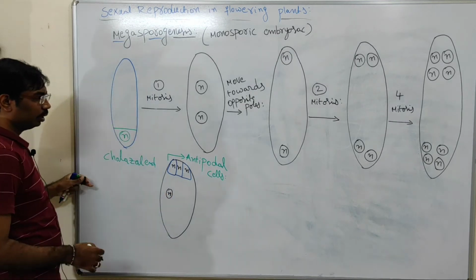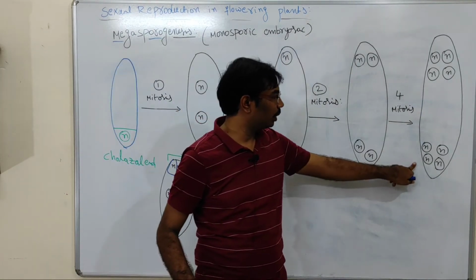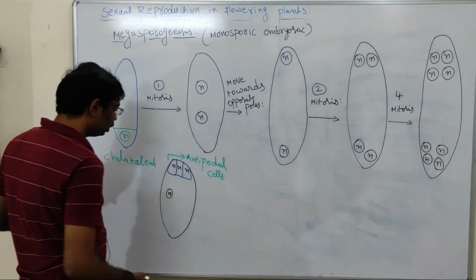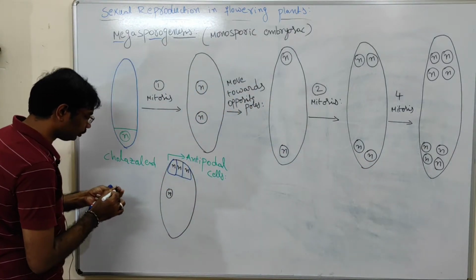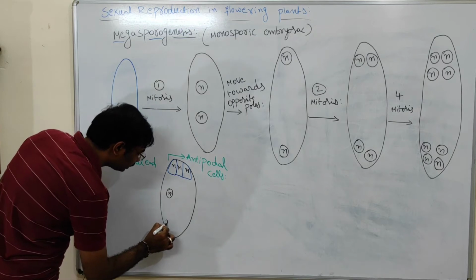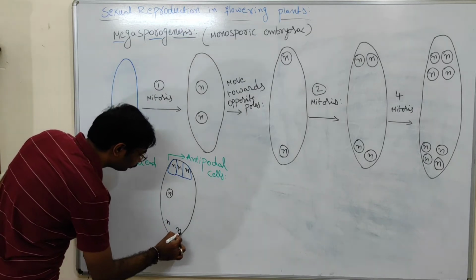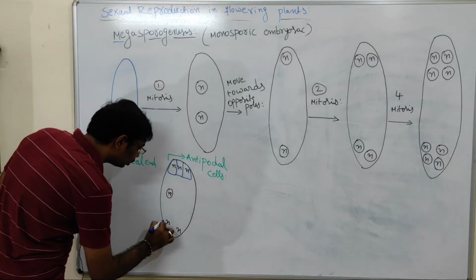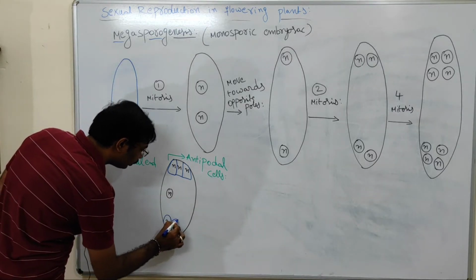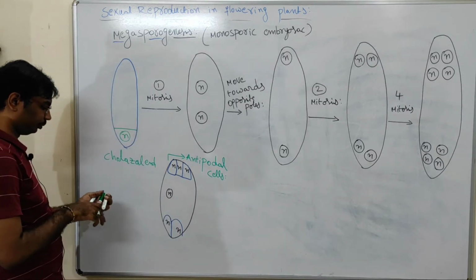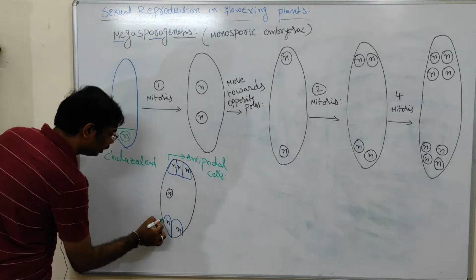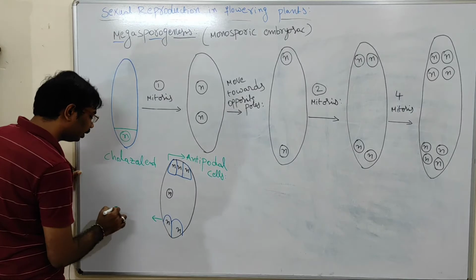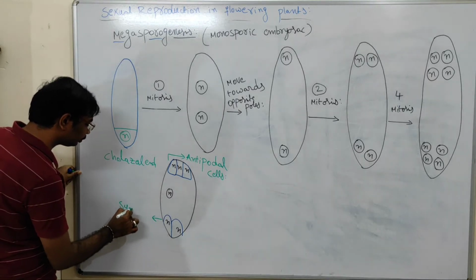Again downside, in the micropylar region, how many nuclei are present? 4 nuclei. Out of that, 3 nuclei move towards this micropylar end. Out of these 3 nuclei, 2 nuclei are converted into synergid cells. I will label here: synergid cells.